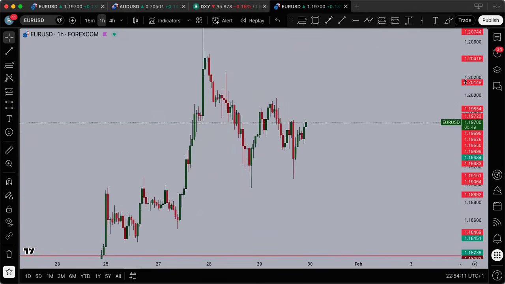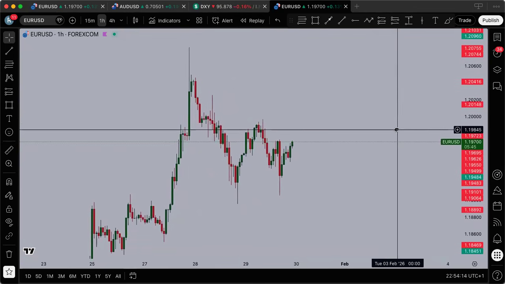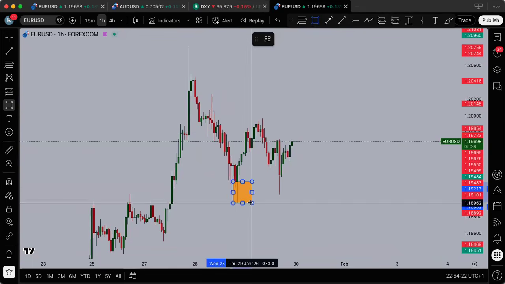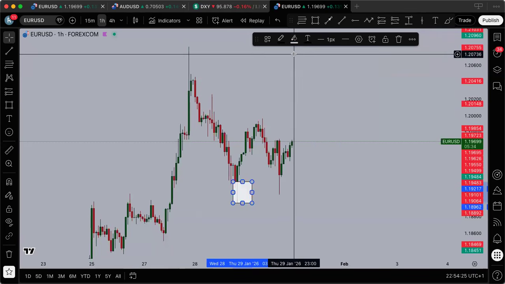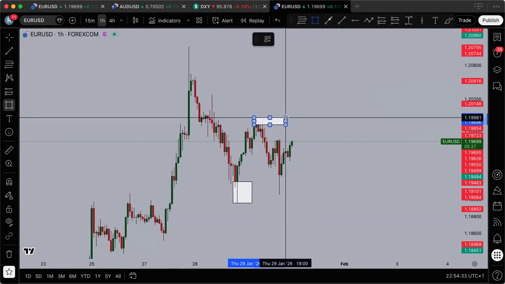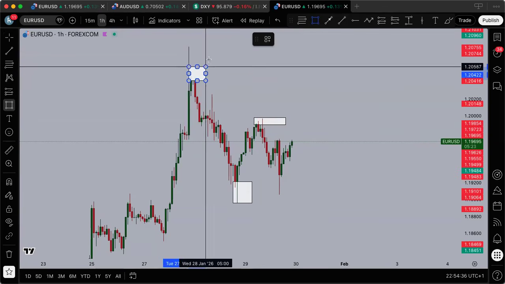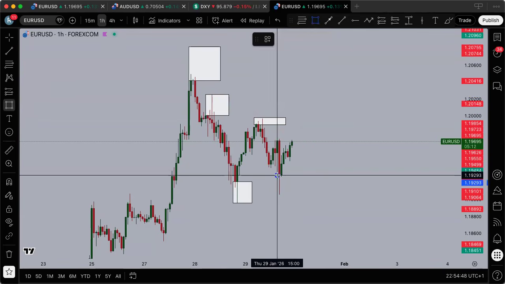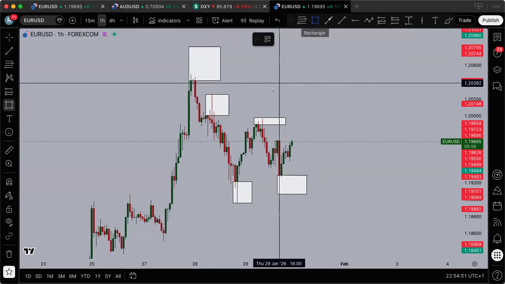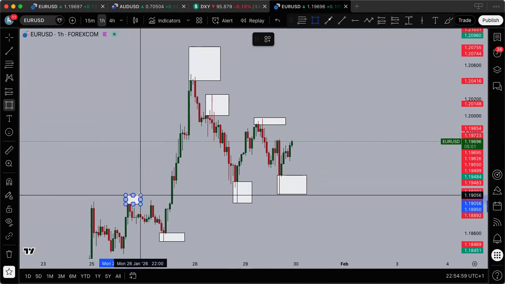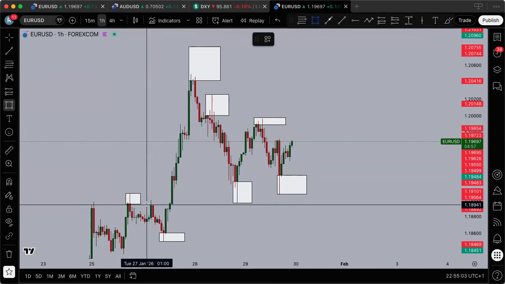If you look at this chart, you'll see that we have this low down here, this high up here, this low down here, and this high up here, and we also have this high up here.